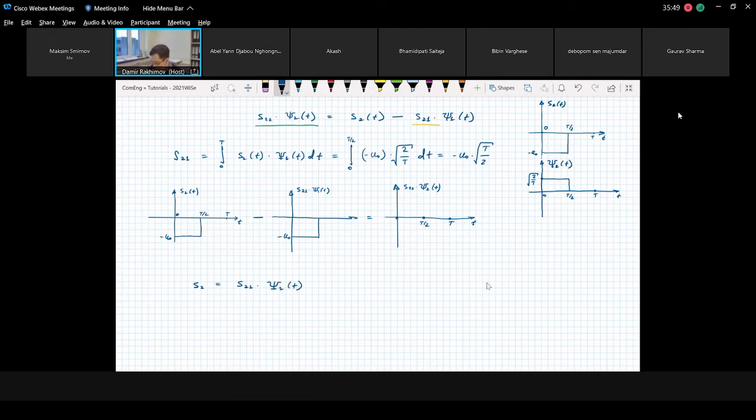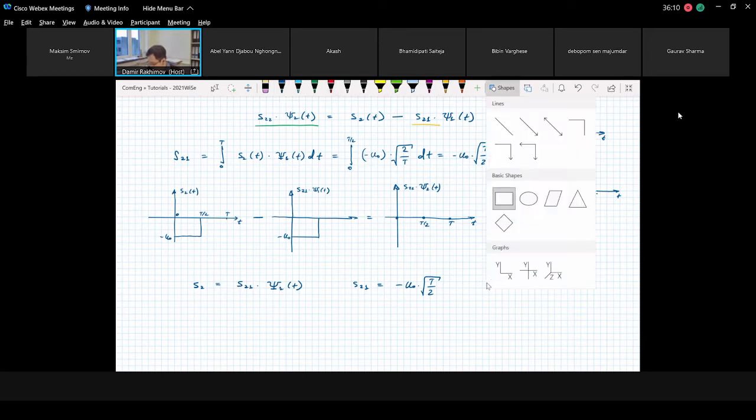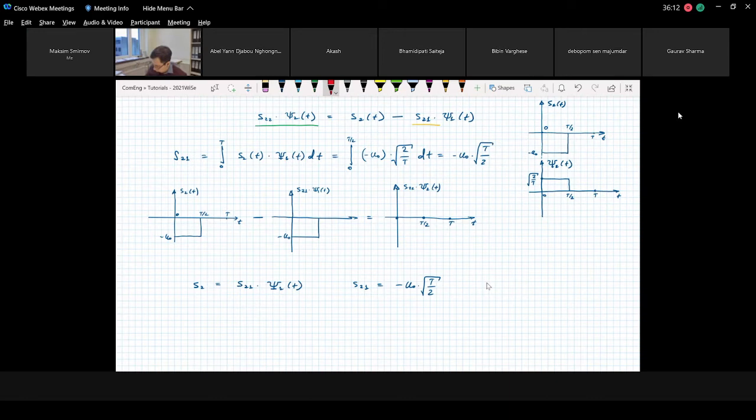So it's just the first basis function multiplied by S21, where S21 equals, as the scalars that we have found previously, minus u0 times square root of T/2. This is what we have for our scalar S21.